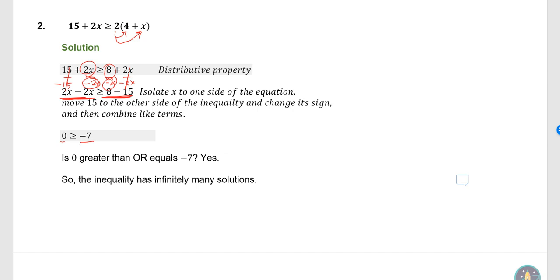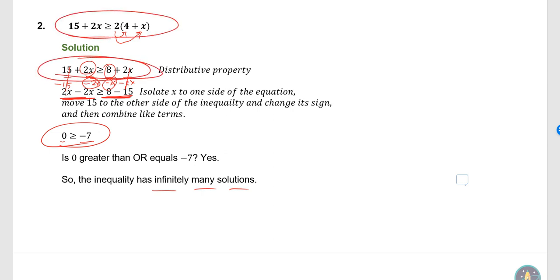Well, when you get something that looks like this, if it is true, then the result is all the numbers, infinitely many solutions. So any number, any value will make this inequality work.